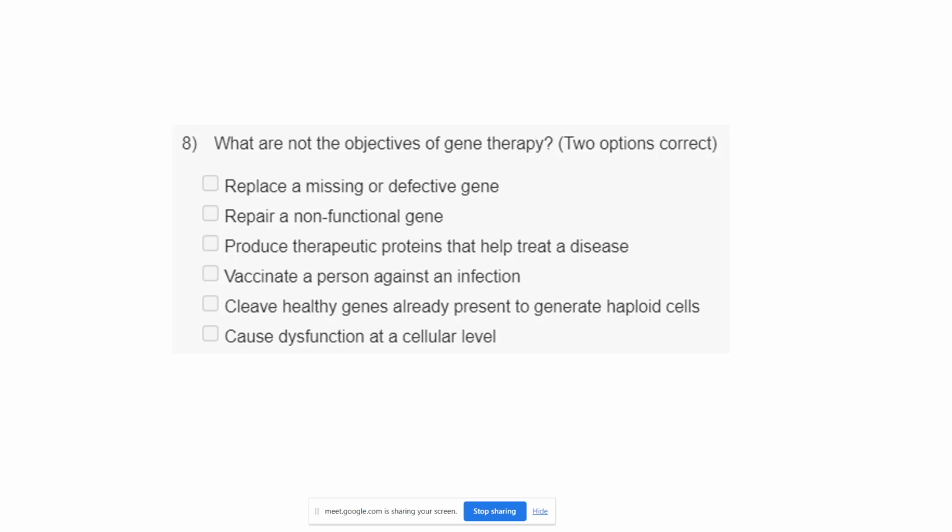Ma'am, one, vaccinate a person against an infection, and causes dysfunction at a cellular level. Okay. Anybody else?